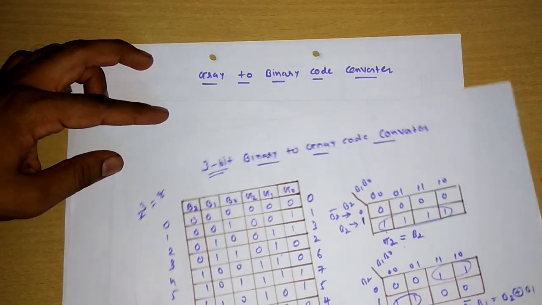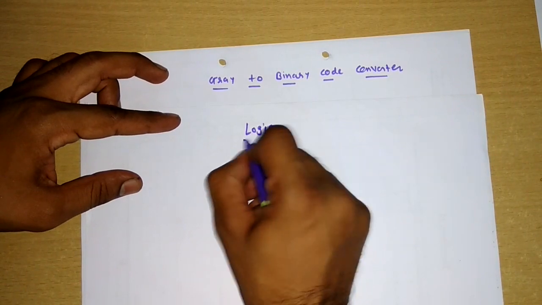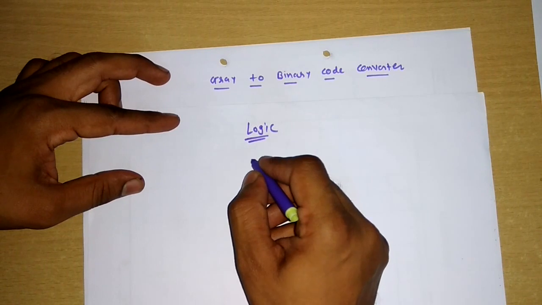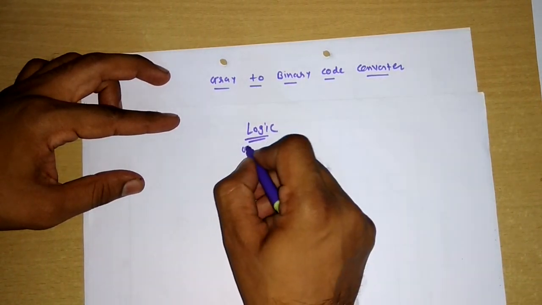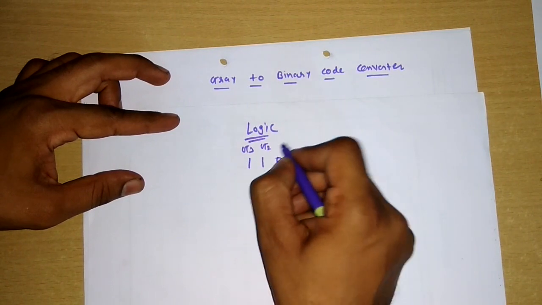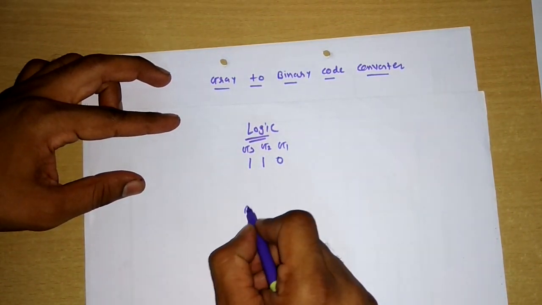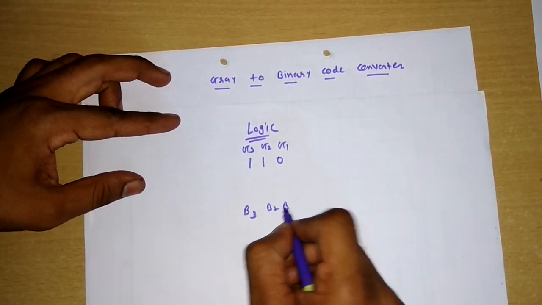So first of all, let us see the logic of this circuit. To understand this logic, let us take one example: 1, 1, 0. If this is the gray code number which is already given, the output of this gray code, let's say, is B3, B2 and B1.